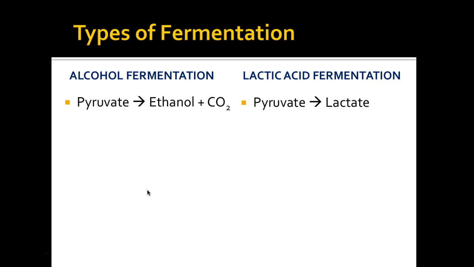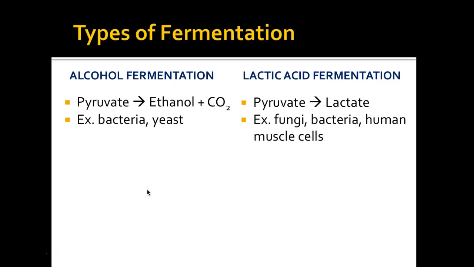So the two basic types of fermentation are alcoholic fermentation and lactic acid fermentation. In alcoholic fermentation, pyruvate is converted to ethanol and carbon dioxide gas. Example organisms are bacteria and yeast. In lactic acid fermentation, pyruvate is going to get converted to lactate. Examples where lactic acid fermentation takes place: fungi, bacteria, human muscle cells.